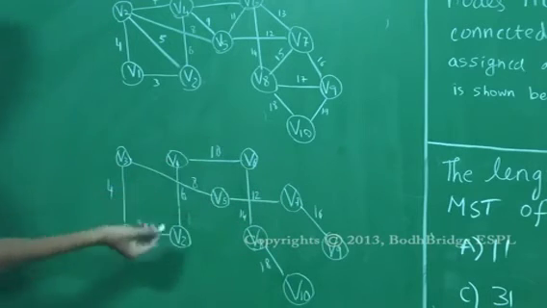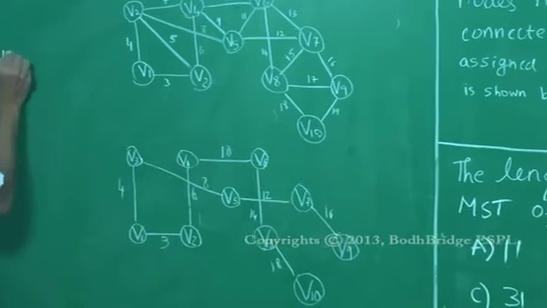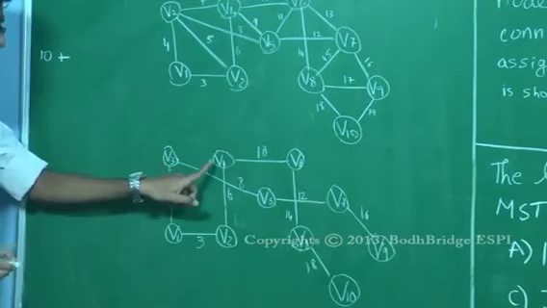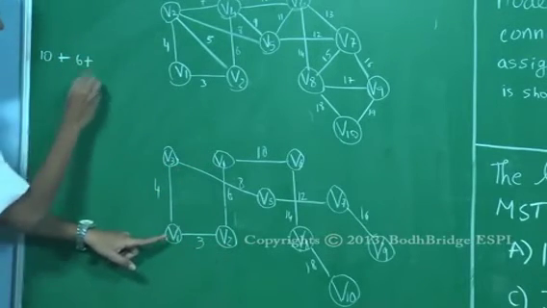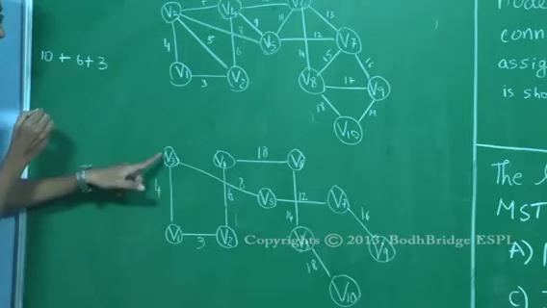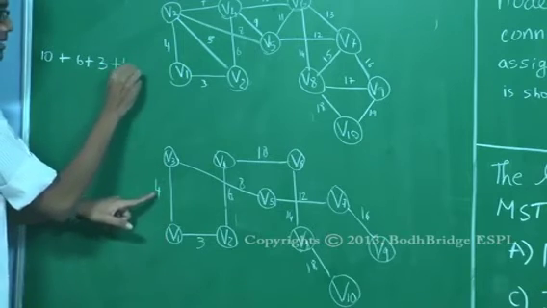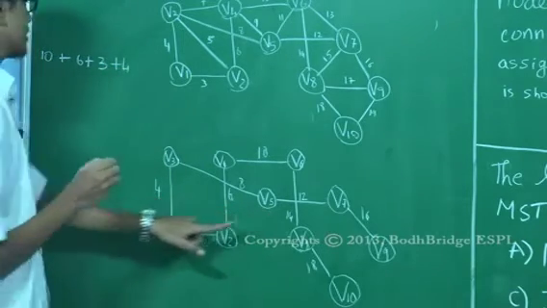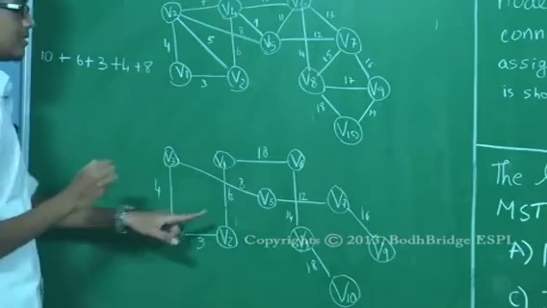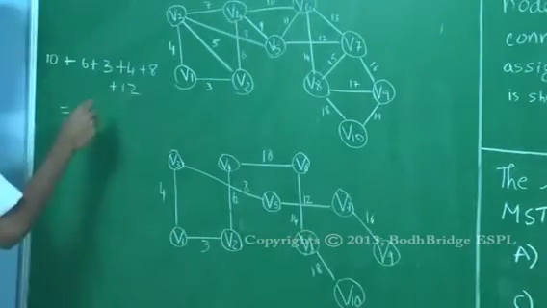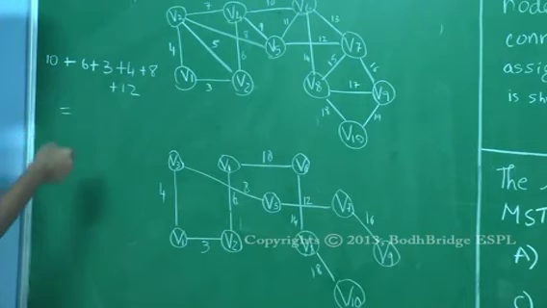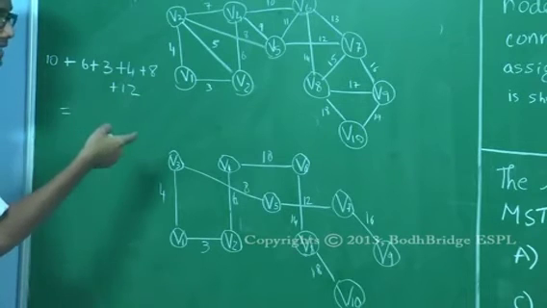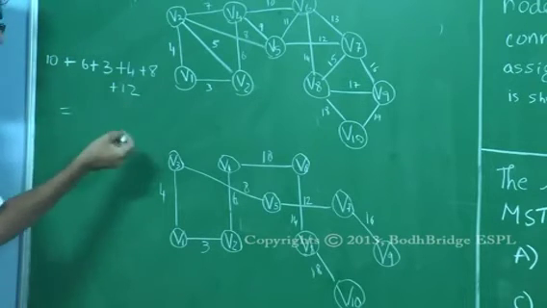So the length of the path is 10 plus V4 to V2 is 6 plus V2 to V1 is 3 plus V1 to V3 is 4 plus V3 to V5 is 8 plus V5 to V7 is 12. So the length of the path is 10 plus 6, 16 plus 3, 19 plus 4, 23 plus 8, 31 plus 12, 43.